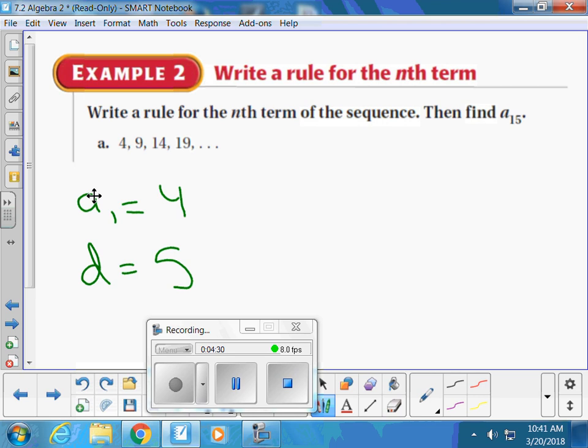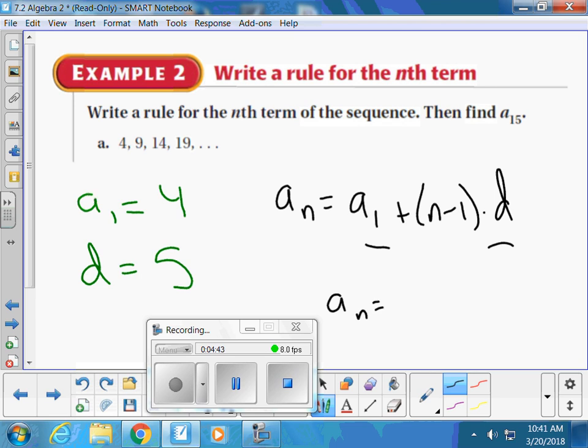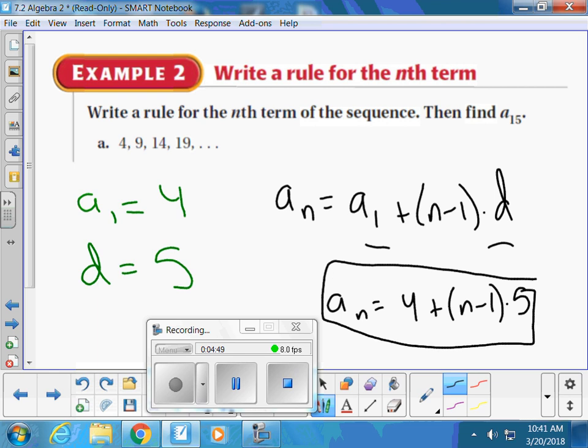So let's just plop everything into our template. I'll go ahead and write the template up. It's a_n equals a_1 plus (n minus 1) times d. So you're going to plop in A1 and D, and you'll pretty much have your equation. So A1 is 4, and then D is 5. Done! Got my equation. Sweet. Isn't that easy? So easy. That's it? Yeah.